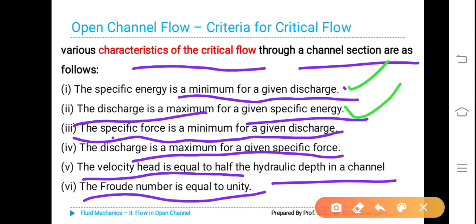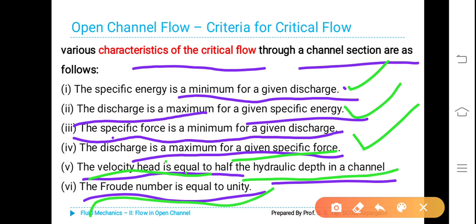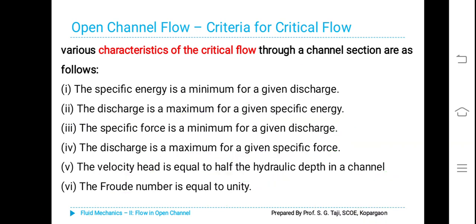The specific force is a minimum for a given discharge, that we will be looking forward to in the future slides under specific force. It is similar to specific energy curves. The discharge is maximum for a given specific force. The velocity head is equal to half the hydraulic depth in a channel. The Froude number is equal to unity. Is it clear?